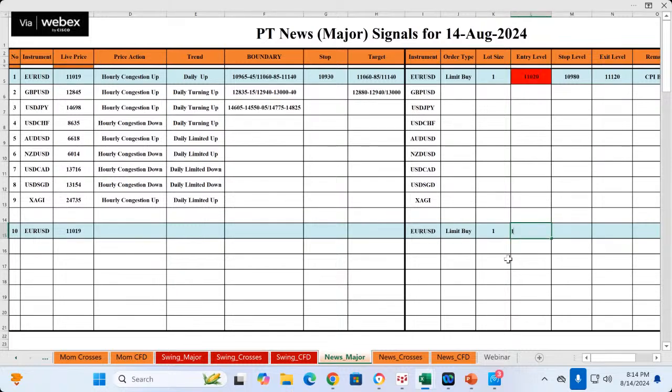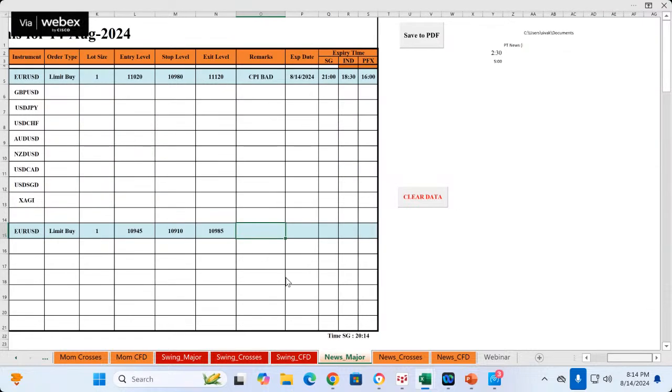Then you try to buy at 10945, and you put your stop at 10910. That means below yesterday's low. And this one we close our trade at 10985. The condition is CPI is good.